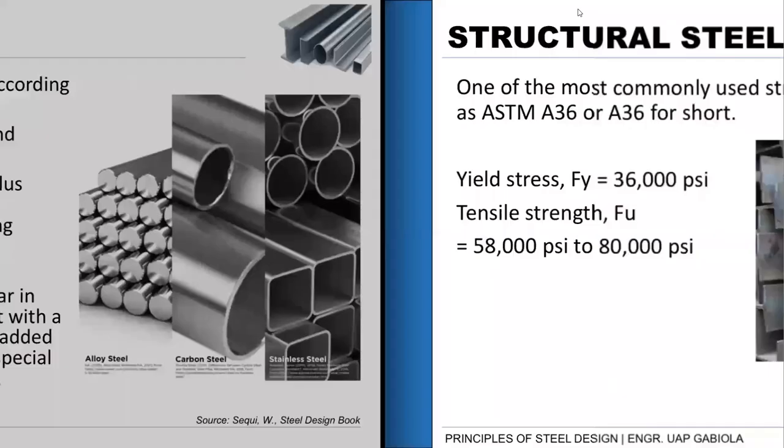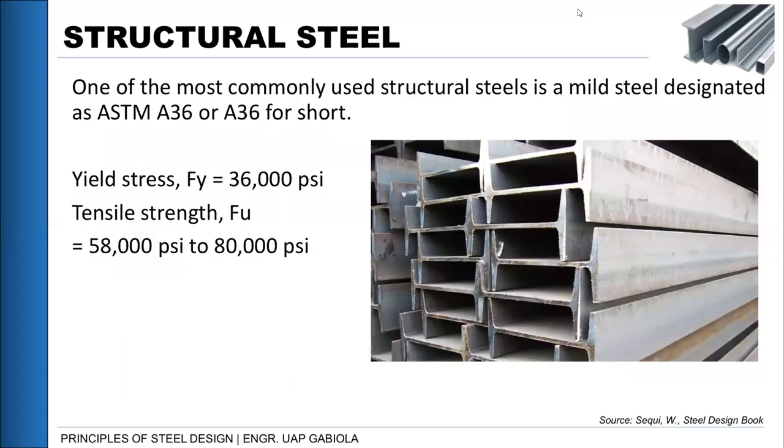Okay? And then we go dun sa one type ng low alloy steel which is yung ASTM A36 or A36 for short. Okay? So yung A36 o yung 36 in general pertains dun sa yield stress niya. So we have here yield stress of 36,000 psi.